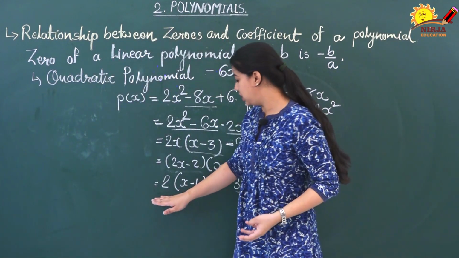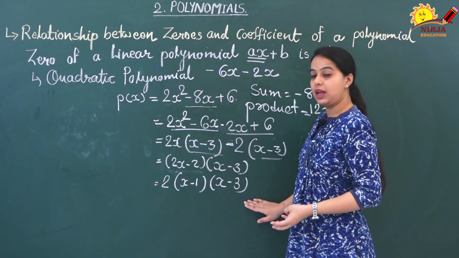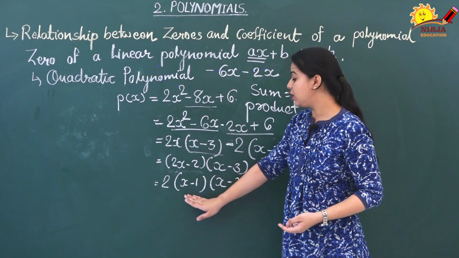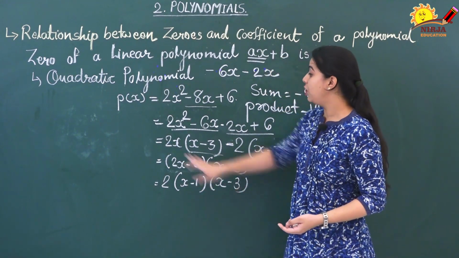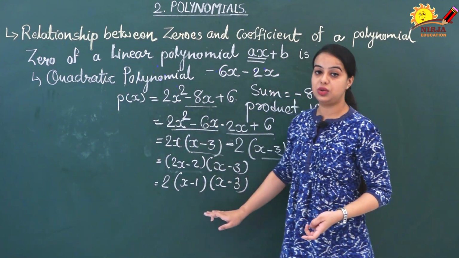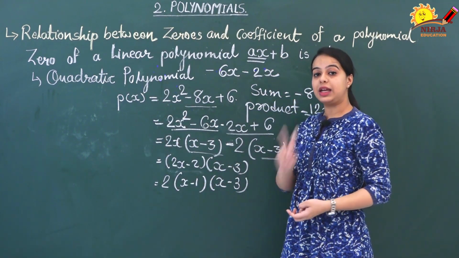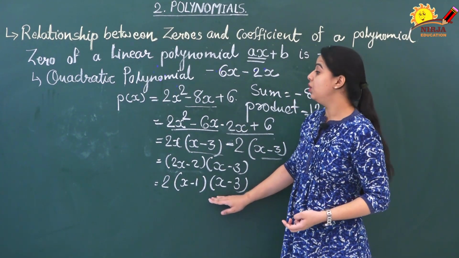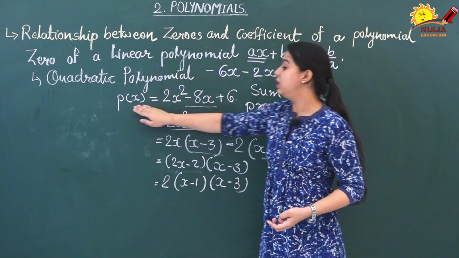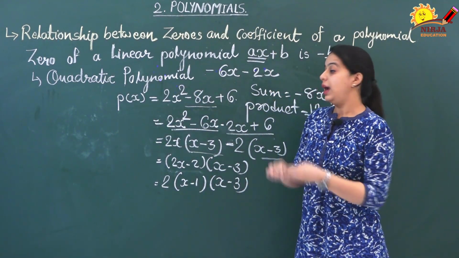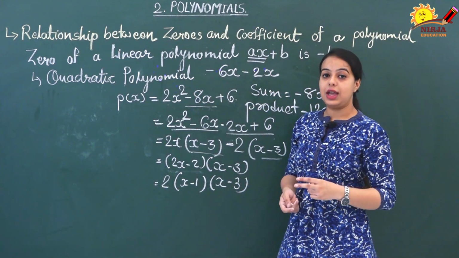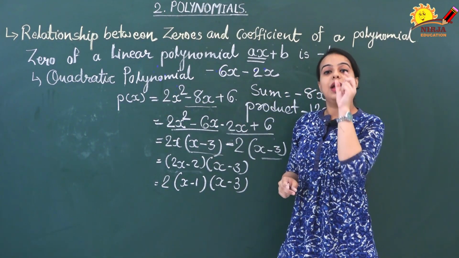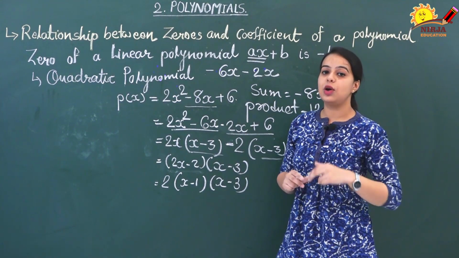So from this we can say that if this whole term x minus 1 is equal to 0, then our polynomial p of x will turn into 0. Either, the second possibility, if x minus 3 becomes 0, then also our polynomial will turn into zero. And for the value of x for which we get p of x equal to 0, that x we can call a zero of the polynomial.